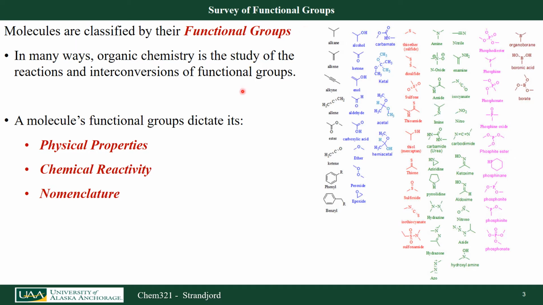A molecule's functional groups dictate its physical properties like melting point, boiling point, density. It also dictates its chemical reactivity. All the different electron environments around those functional groups dictate where chemistry will happen. And it will also dictate how we name organic molecules, the nomenclature.